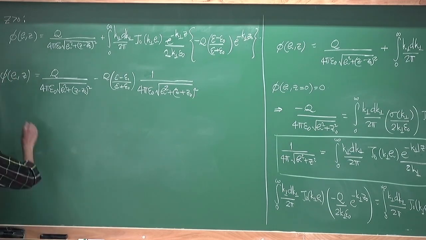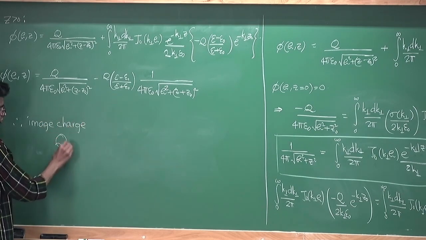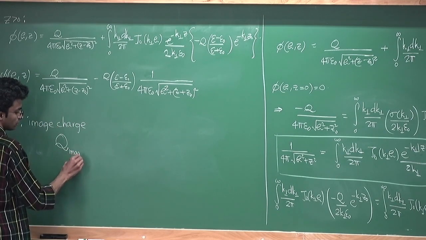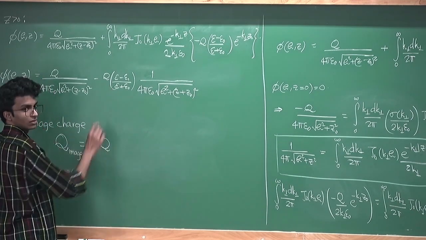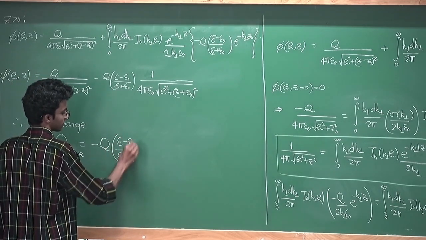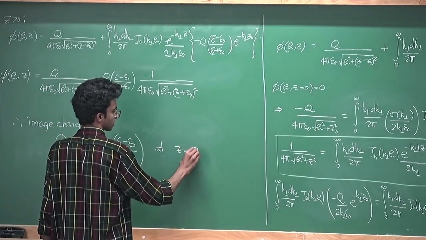Therefore, the image charge q image is equal to minus q epsilon minus epsilon naught by epsilon plus epsilon naught at z equal to minus z naught.